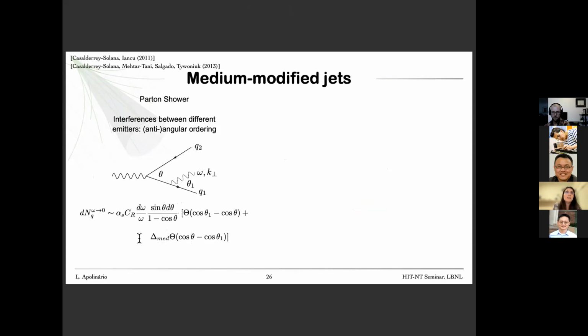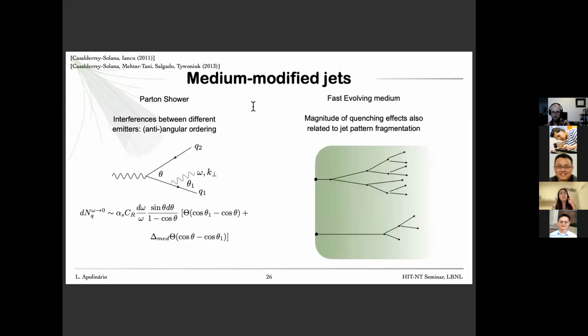This delta-med component is a parameter related to the properties of the quark-gluon plasma, and says that emissions affected by interactions with the medium will typically be emitted at large angles. In addition, we also know that the fragmentation pattern of my jet will control the final jet quenching effect.